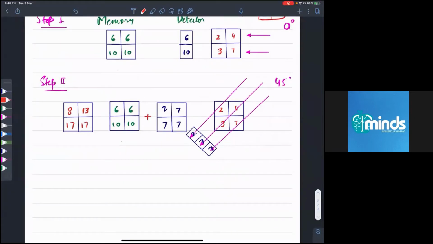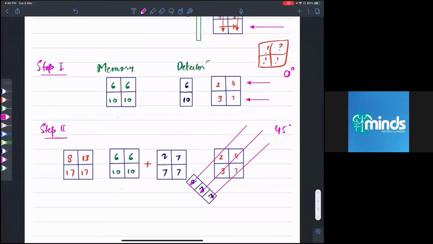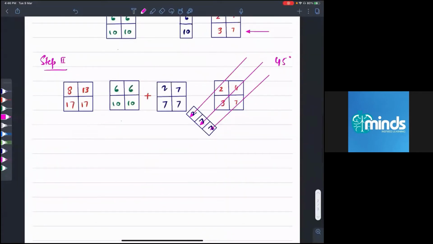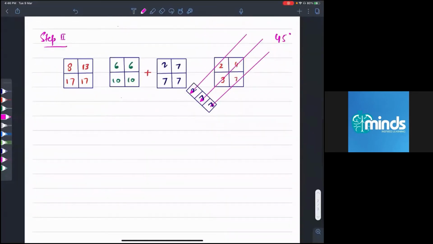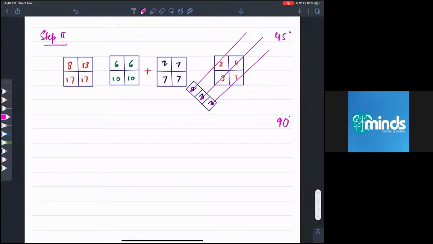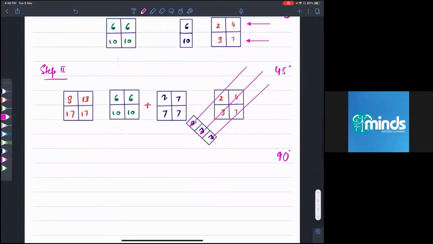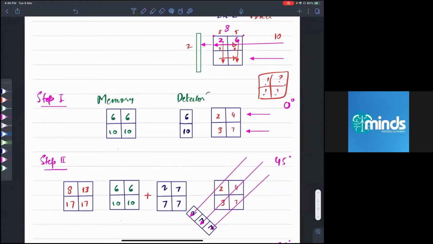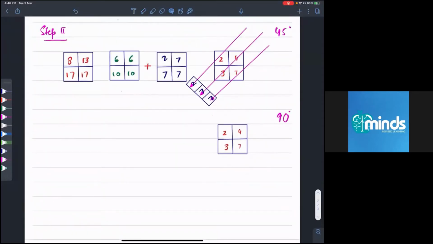The next will be in this sequence, we are done with 0, 45. The next will be 90 degree. For 90 degree, we will be using the same setup. Now this time, X-ray will be coming from 90 degree angle like this.